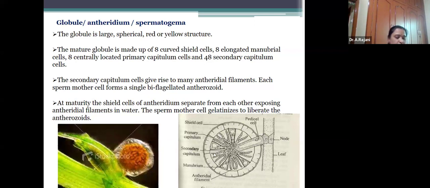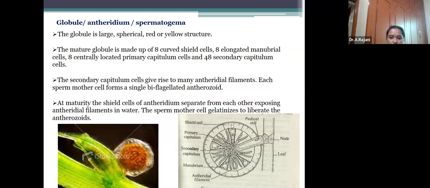Next, from each shield cell, a handle-like elongated cell extends into the antheridial cavity. These cells are called manubrial cells or manubrium.